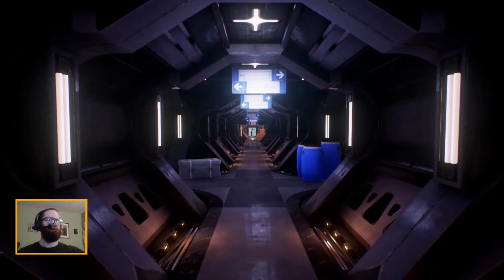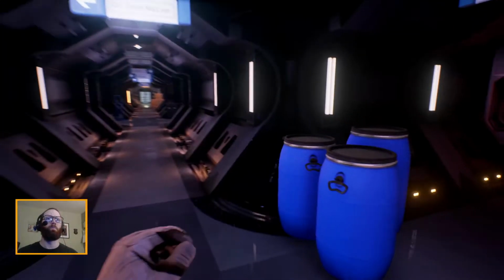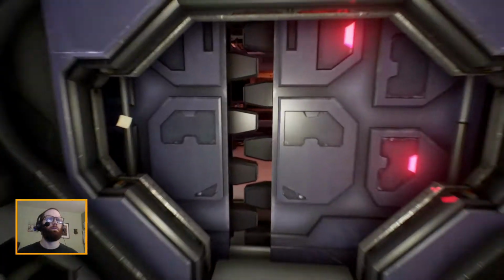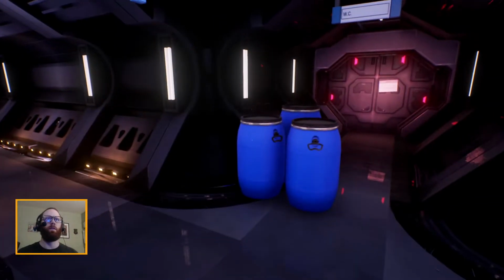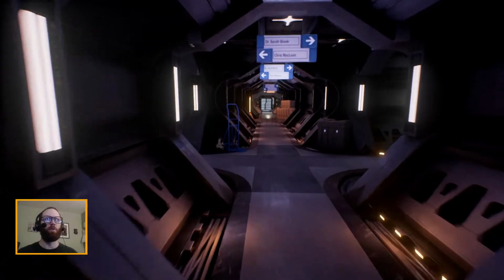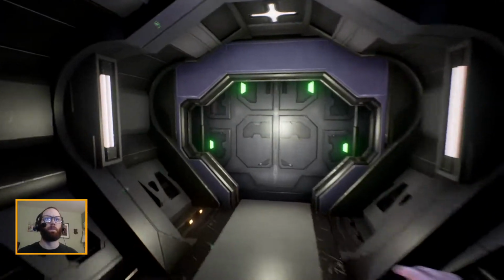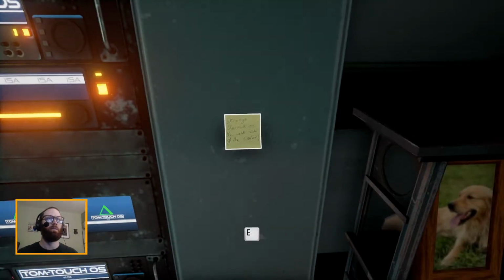This is the crew's quarters. It looks abandoned. Good observation. Okay, so we are getting somewhere. That was a really good place to stop, actually. I had no idea. So, let's go see if we can check out some people's places.